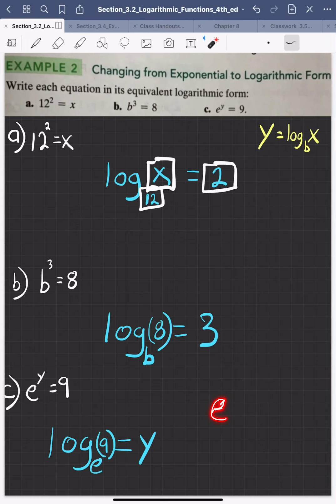But we've already studied in the previous section how e can be used as a base. So what I'm saying here is log base e is so important. It's such an important log that it actually has its own button on the calculator. And we refer to this as the natural log.